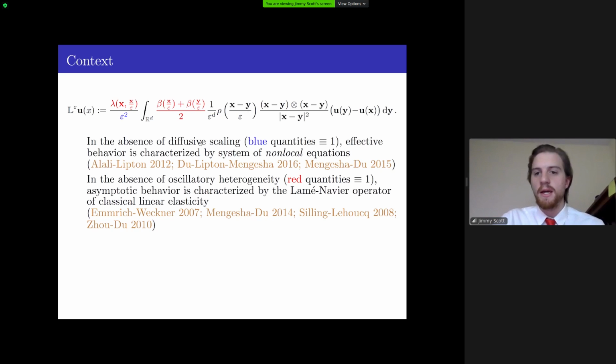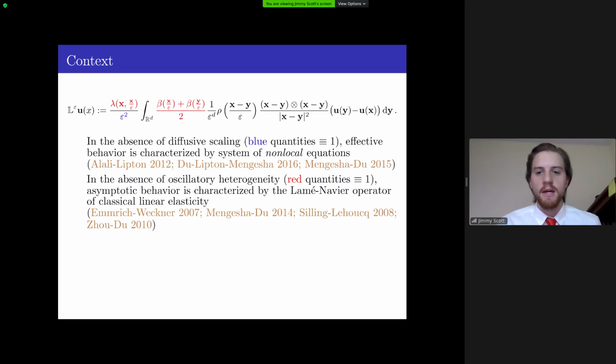And you can see via either a formal argument or using gamma convergence that asymptotic behavior is characterized by the Lamé-Navier equation in classical linear elasticity. This was done by Emmerich and Weckner in 2007, and by others since, and it's since been seen in several different contexts.